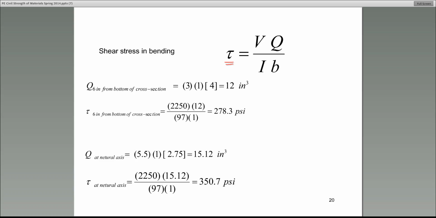Denominator, I. Guys, this is the moment of inertia about the neutral axis. We've been talking about it. Then, what about B? B in the denominator, this thing is the width of the cross-section. It is the width of the cross-section.